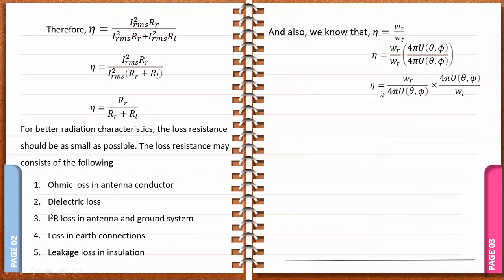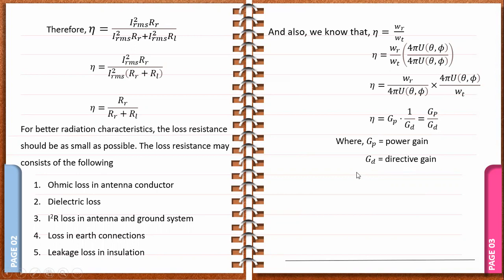Now this eta will be equal to, by separating these terms, WR by 4 pi U of theta comma phi and 4 pi U of theta comma phi by WT. So here WR by 4 pi U of theta comma phi is equal to the power gain, and 4 pi U of theta comma phi by WT is equal to 1 by GD. So eta will be equal to GP by GD, where GP is the power gain and GD is the directive gain.